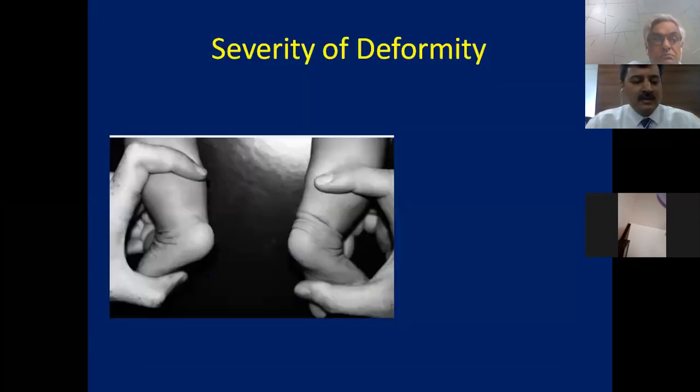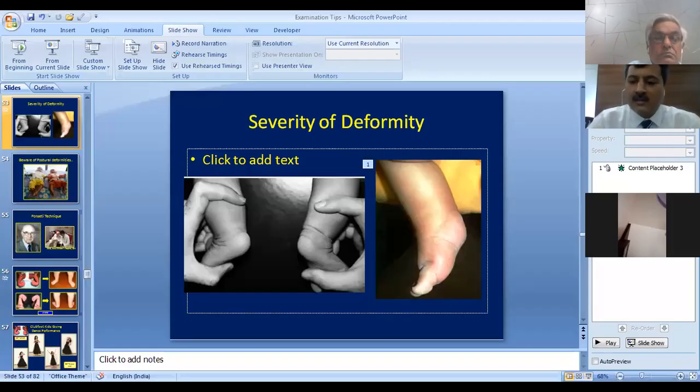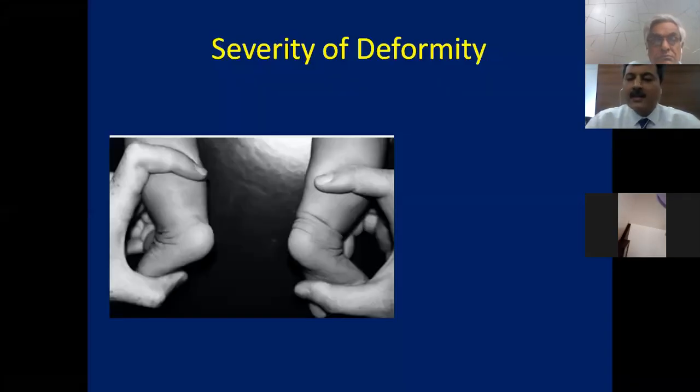How you differentiate a clubfoot from a postural deformity, the key thing is the dorsiflexion. Most of the time in a postural deformity you can get full dorsiflexion, which you will never get in clubfoot. Equinus is the main element; you will not be able to completely dorsiflex.